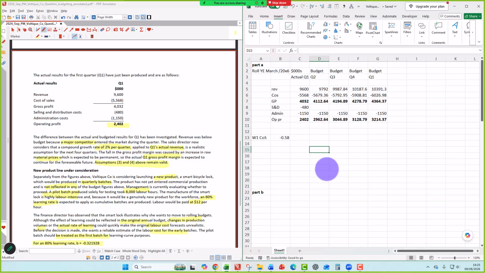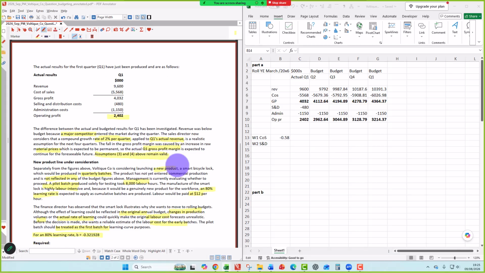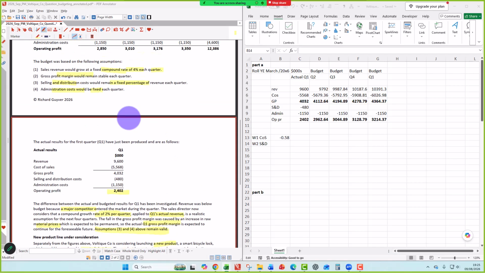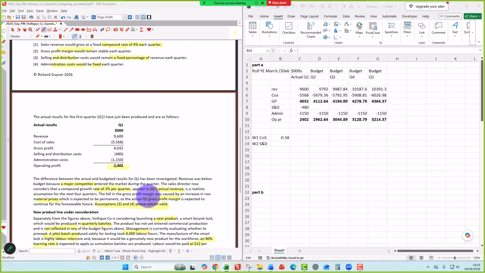And then finally, we need selling and distribution. Again, I'm going to do a side working for that. And it tells us that the selling and distribution is a fixed percentage of revenue, and it tells us that remains valid.